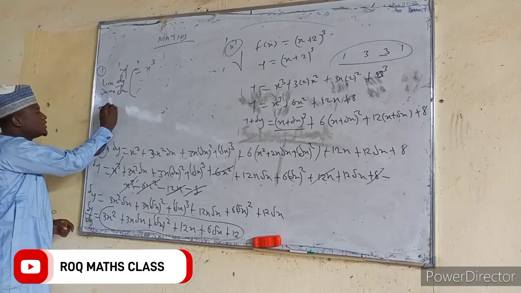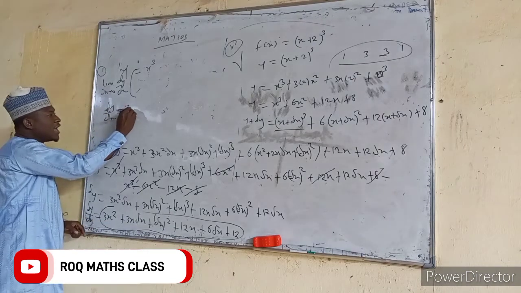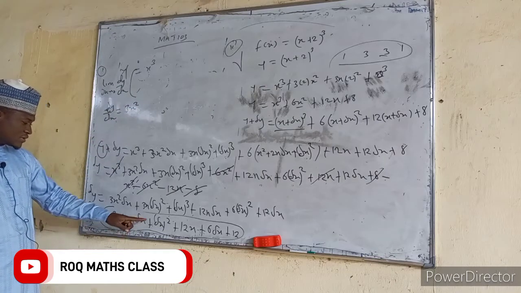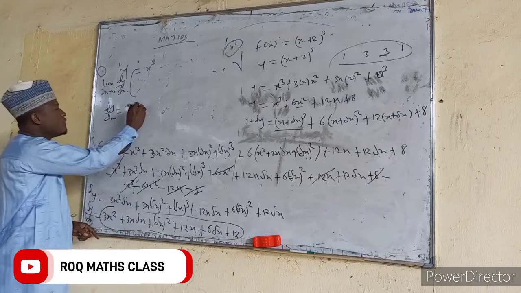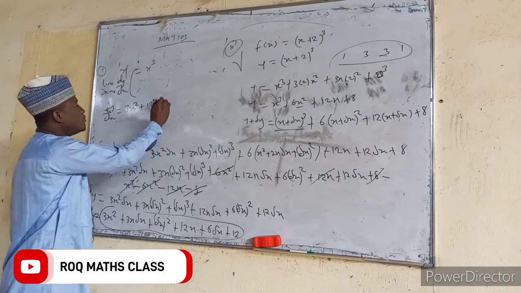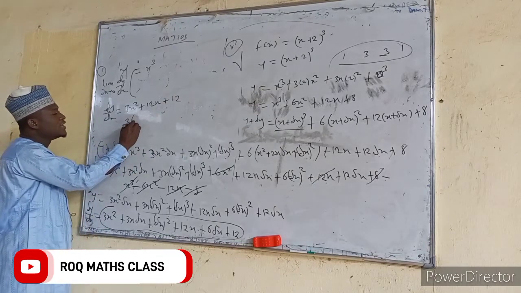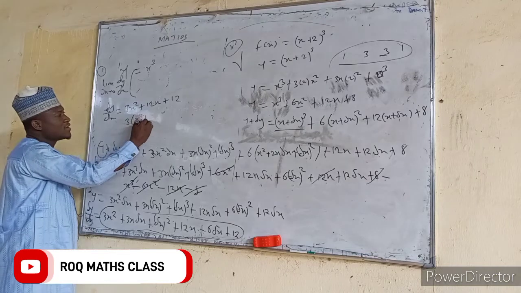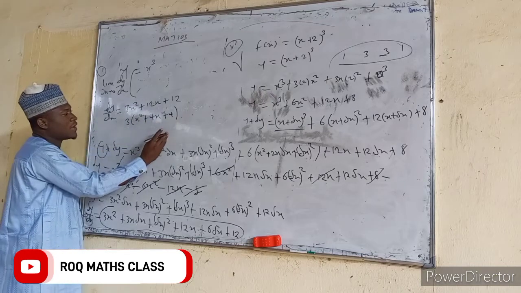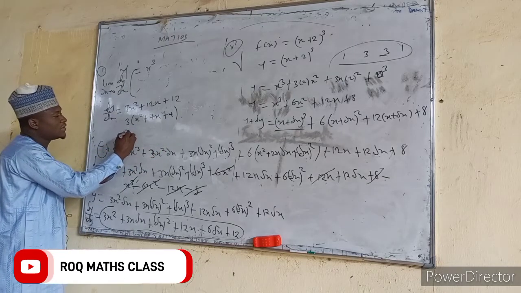So we'll have dy over the x is equals to, we have 3x squared. This one will change to 0, this one 0, we have 12x plus 12. If you like, you can factor 3 to have this plus 4x plus 4, right? So you have 3.